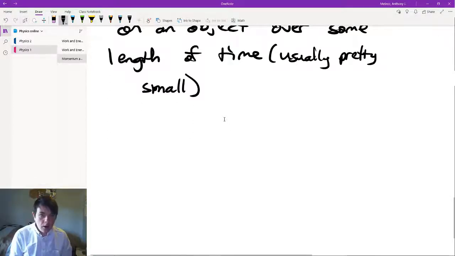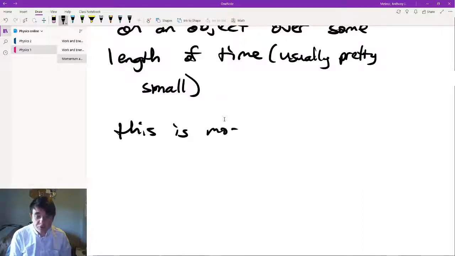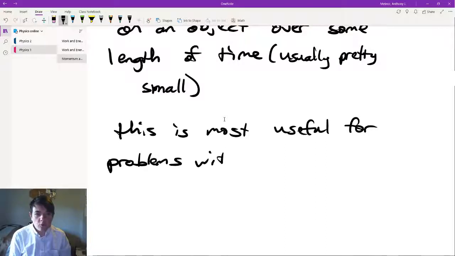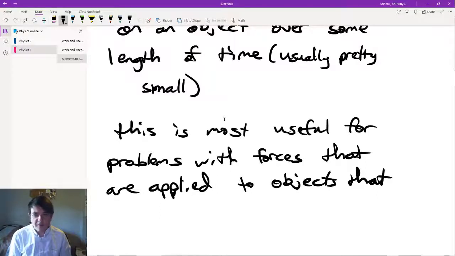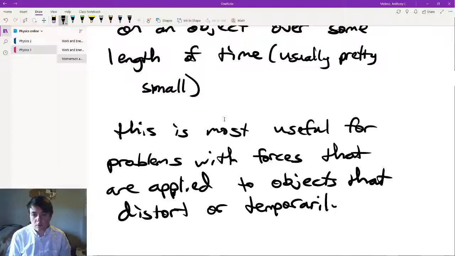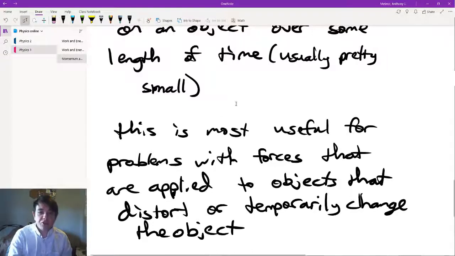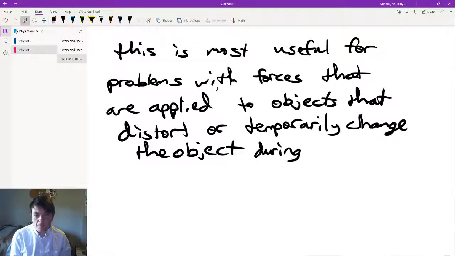So what I mean by that is, this is most useful, I would say, for problems with forces that are applied to objects that distort or temporarily change the object during the force application.